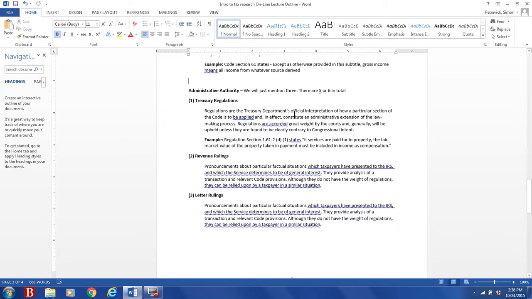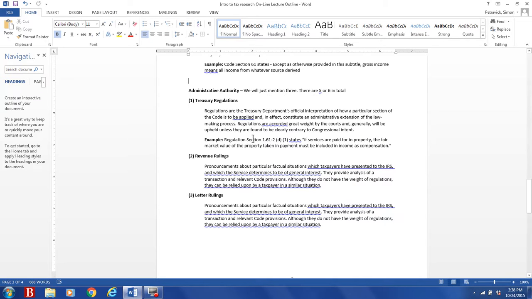This is the Treasury Department's official interpretation of how a particular section of the code is to be applied. They are given great weight by the court, and unless something is found to be clearly contrary to congressional intent, the regulations tell us what to do.